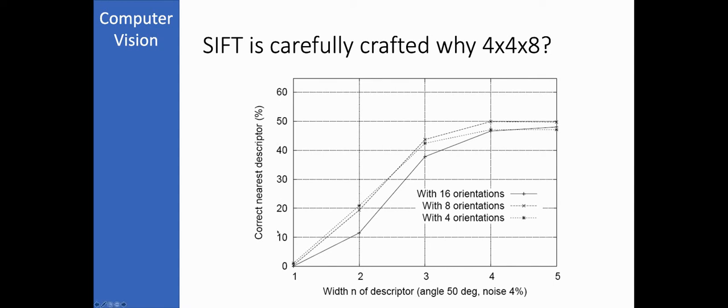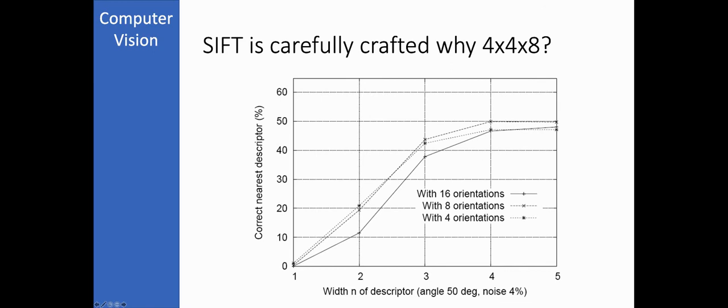What we notice is that the percentage of correct nearest descriptors increases rapidly as I increase the width, or the number of blocks I use per patch, and then saturates at roughly 4x4 blocks. And after 5x5 blocks, I get the same accuracy. Moreover, if I increase the number of orientations I use in the histogram, I start getting a big boost in the number of correct matches.